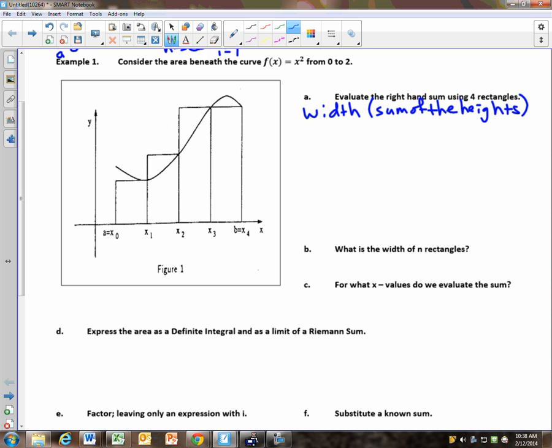So, what is the width of each of these rectangles going to be? 1/2. And you found that by taking 2 minus 0, divided by 4. Now, where's the first spot that you evaluate the height? 1/2. Now I'm going to write it like this, just so you understand. We start at 0, and then you went over 1 width, and you're going to square that.